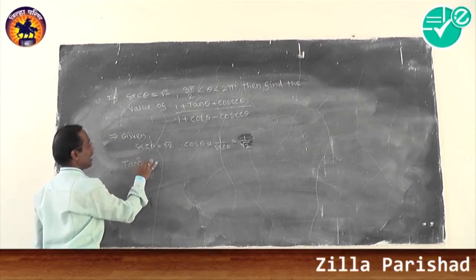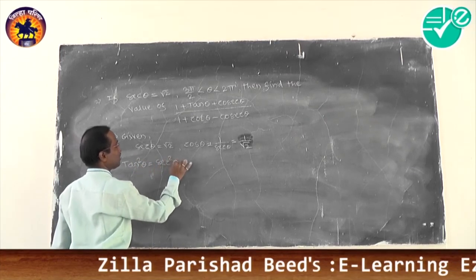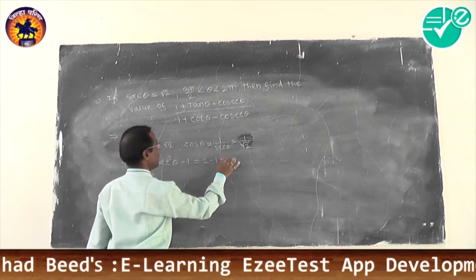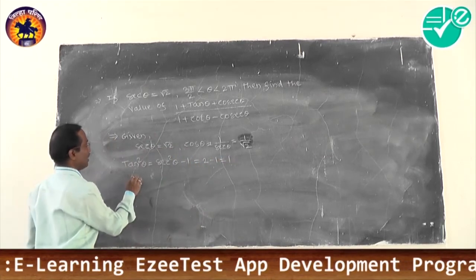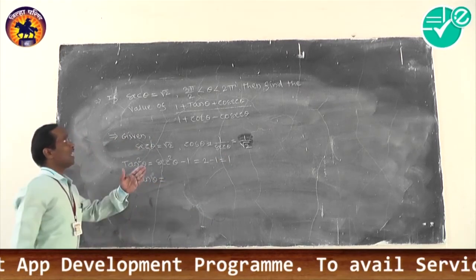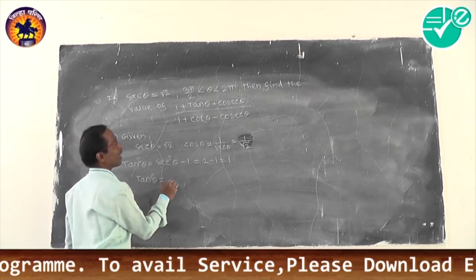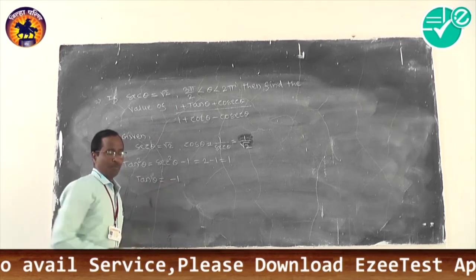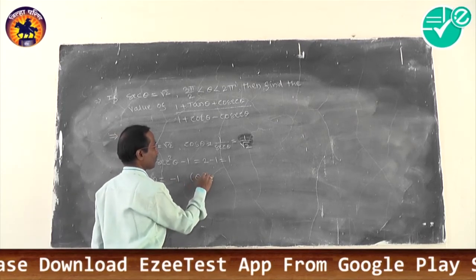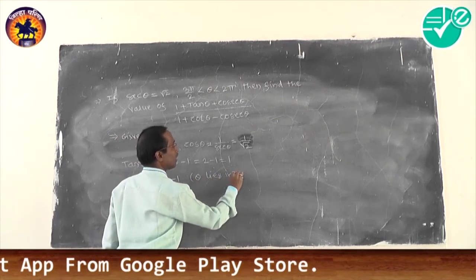Tan square theta is equal to sec square theta minus 1. Root 2 square becomes 2, minus 1 is equal to 1. Therefore tan theta is equal to plus or minus 1. Theta lies in the 4th quadrant, and in the 4th quadrant the value of tan theta is minus 1.